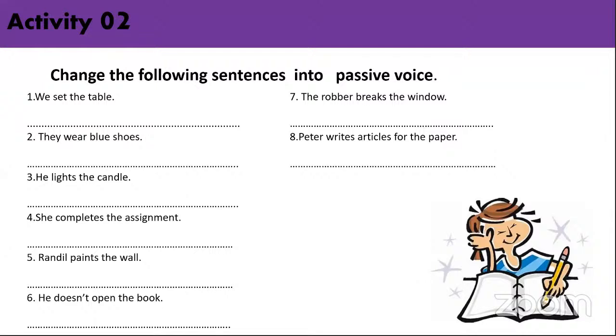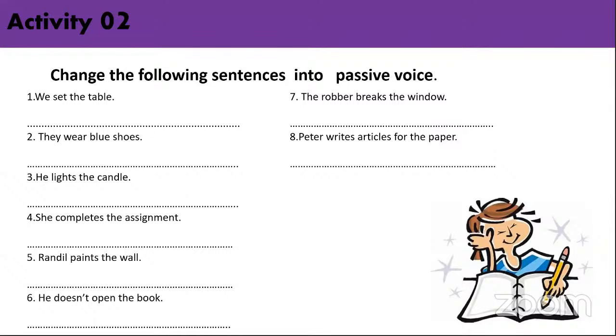Then there, as I told you, you have to follow that 5 steps. It is easy for you if you follow that 5 steps. Okay. Read the instructions carefully. Change the following sentences into passive voice.